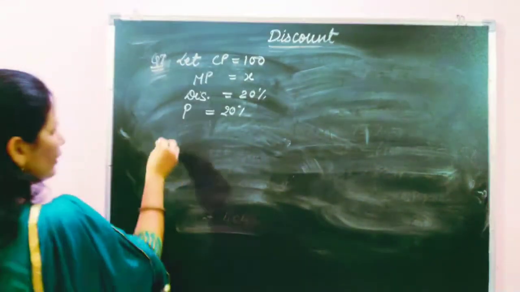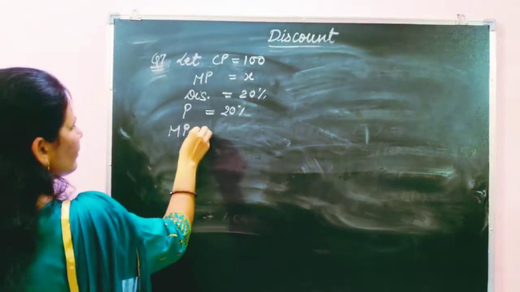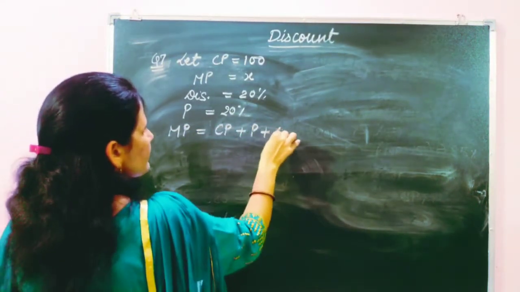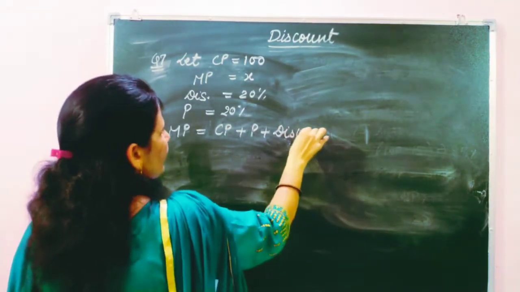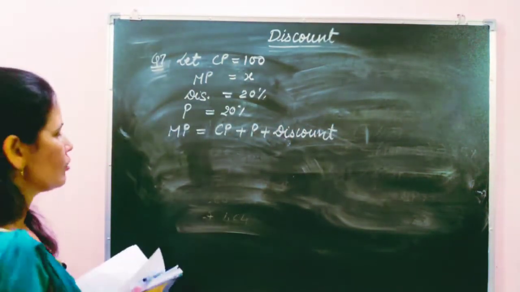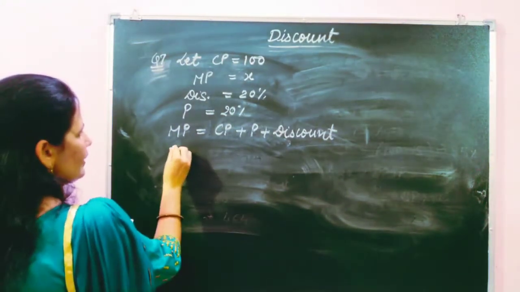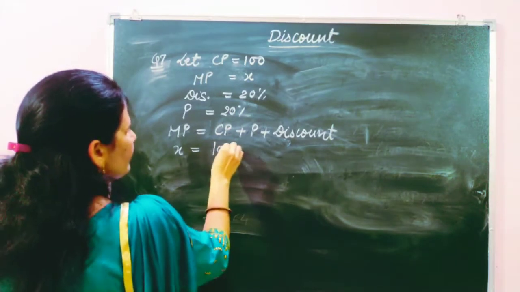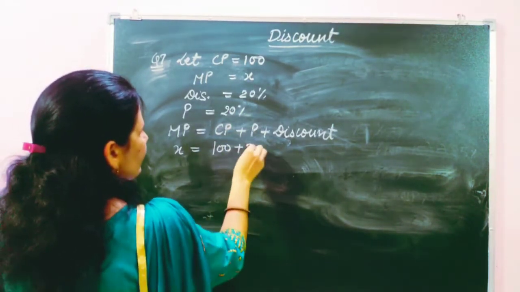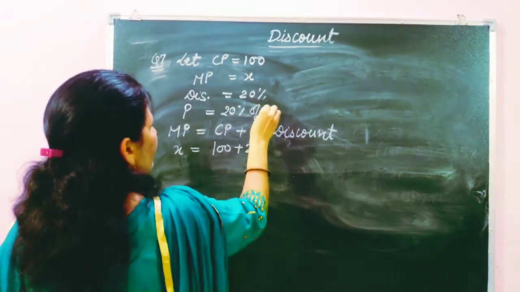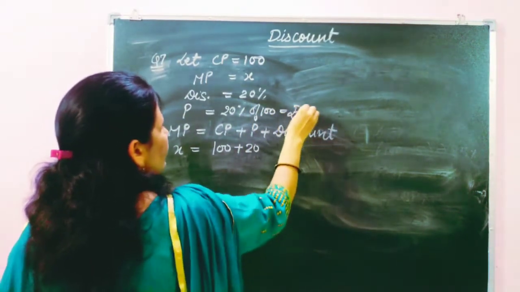Students, as we know very well, how do we get the mark price? Cost price plus profit plus discount. By using this formula we will solve this question. So here the mark price is X, cost price 100, profit 20% of 100, which means rupees 20 only.